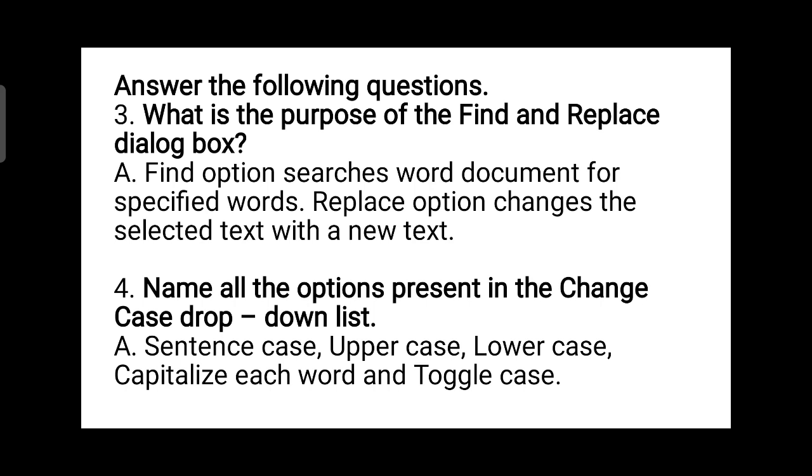And replace means you want to replace the word with another word, then you can use the replace option. In the example I have given, if I have typed a paragraph and want to change a word I typed, then I can use the replace option.